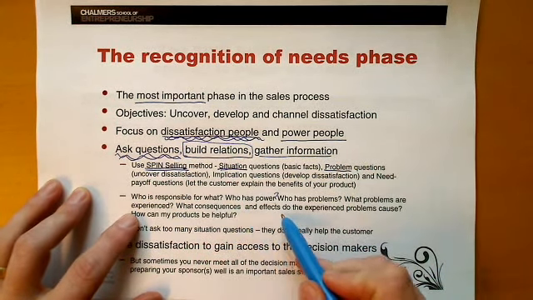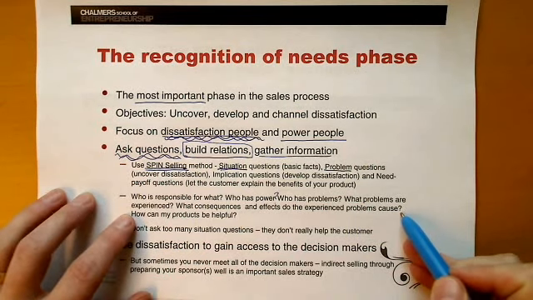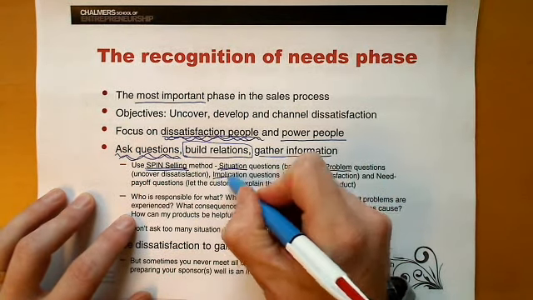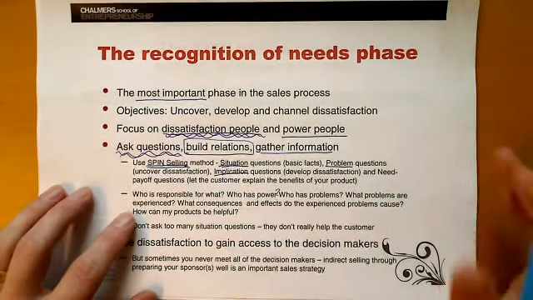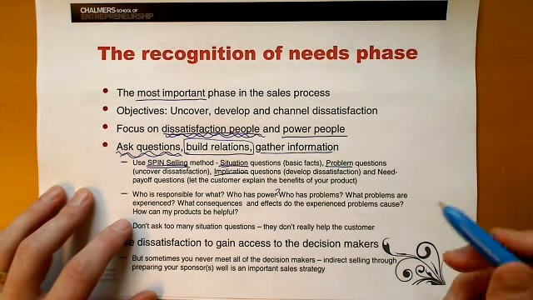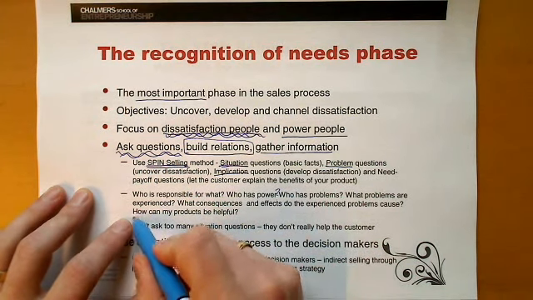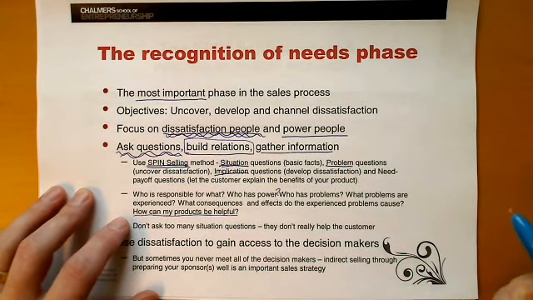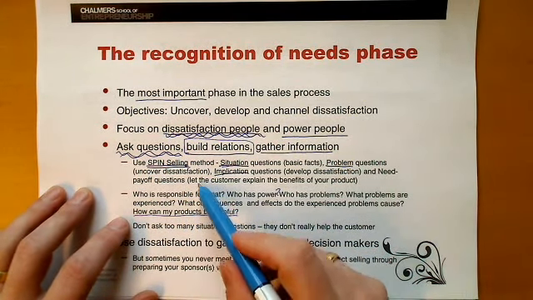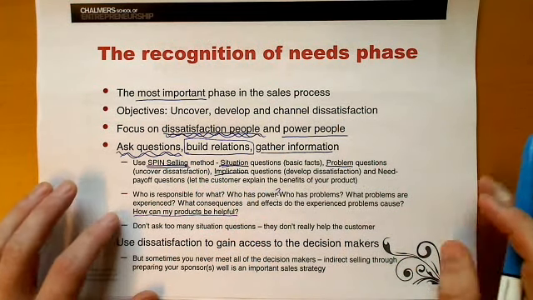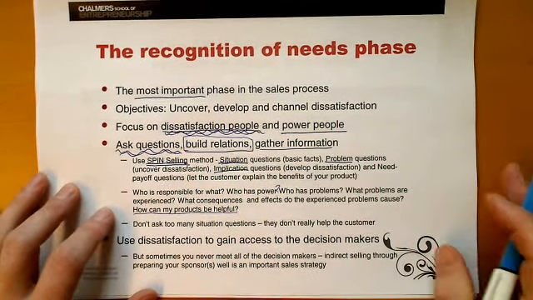What consequences and effects do the experienced problems cause? That is more of an implication question. What implications do the problems have? And then you go to the need-payoff questions. For example, how can my product be helpful? And there you actually let the customer explain the benefits your product or service or offering can have.